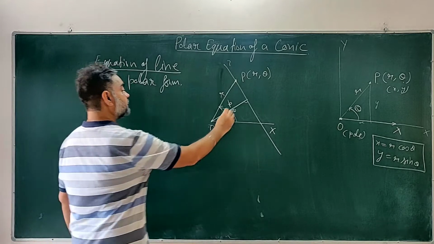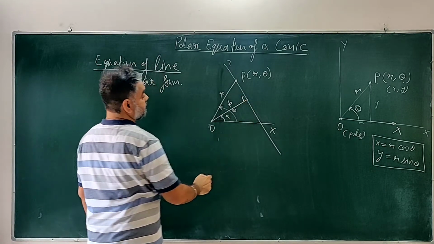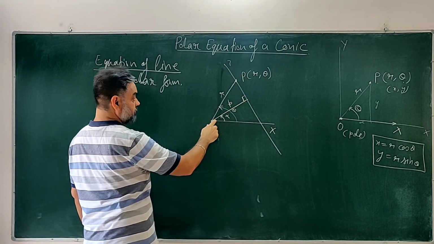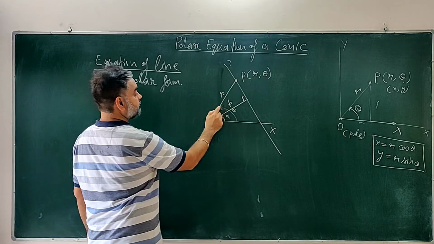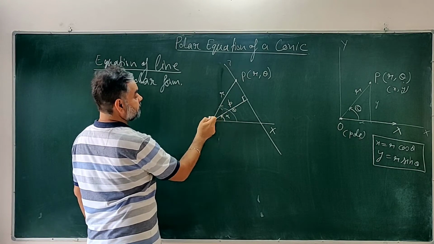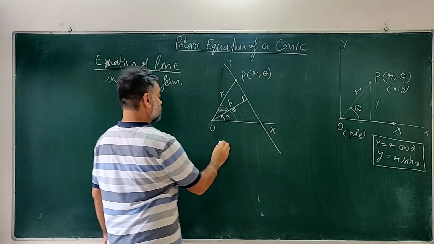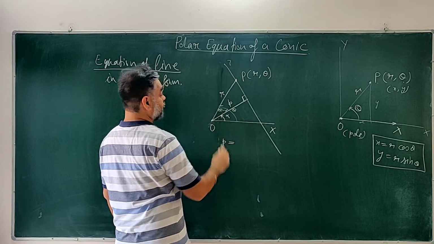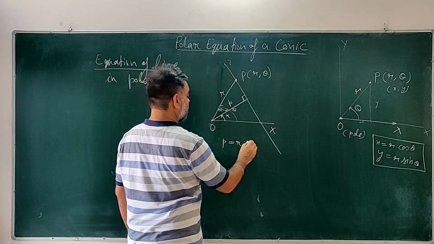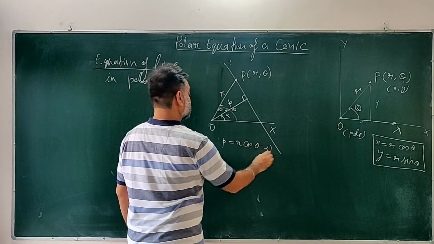So you can see from this right angle triangle that p over r is equal to cos of this angle, and this angle is theta minus alpha. So p over r is equal to cos of theta minus alpha. So p is equal to r cos(theta minus alpha).